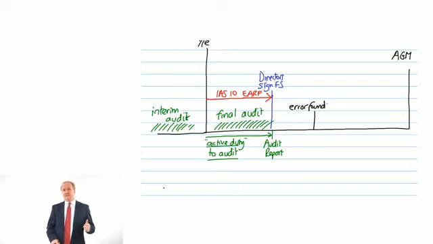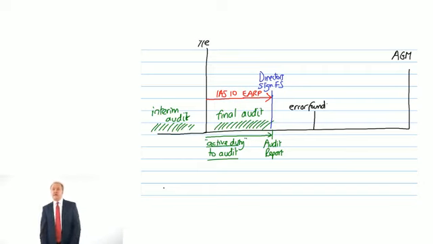Now, what we do next all depends on what the client does with that mistake. The AGM has not happened yet, which means there is time, if the client wants to change the financial statements.